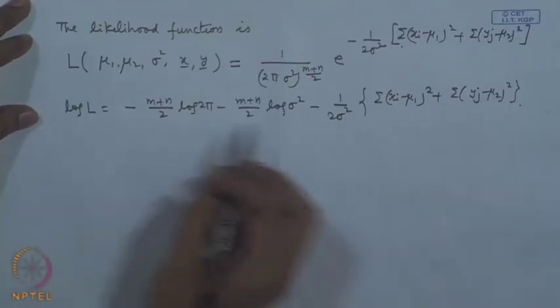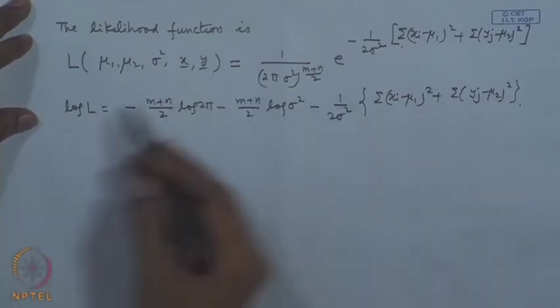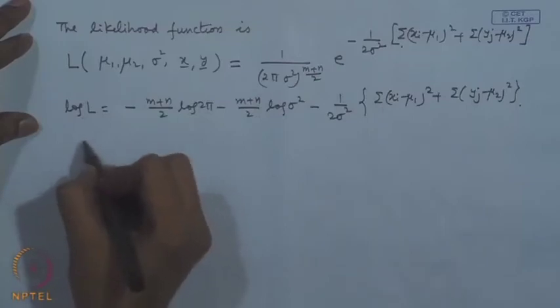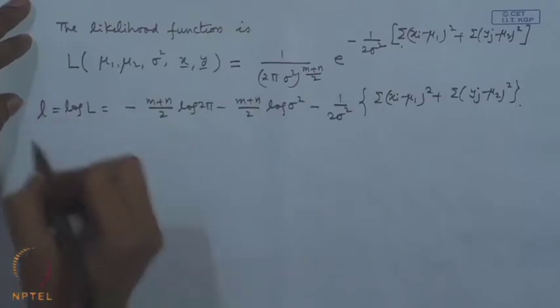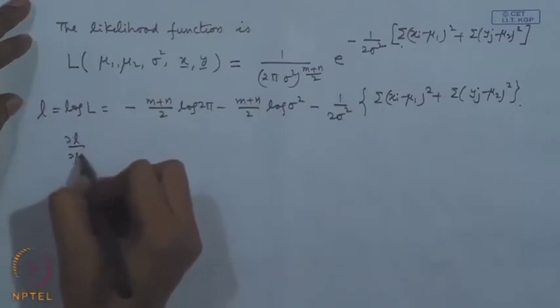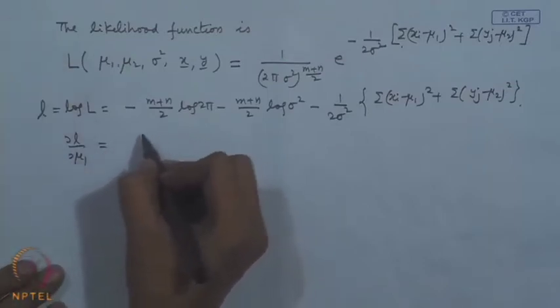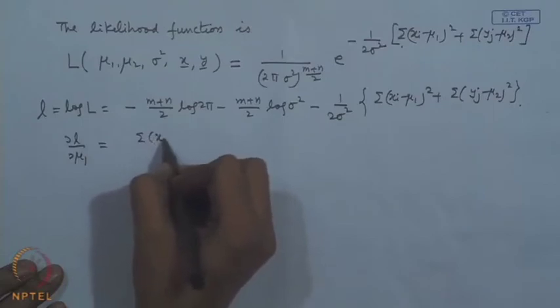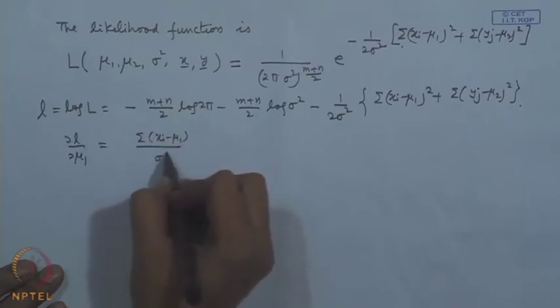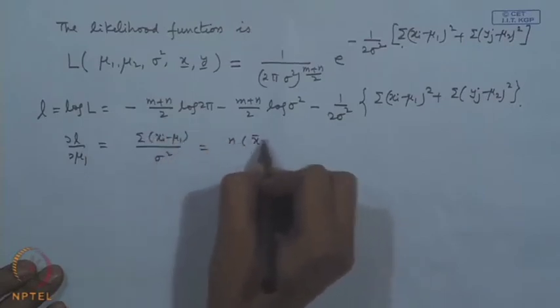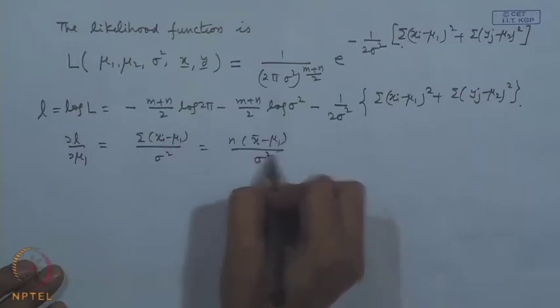If I consider the maximization over the full parameter space, let me write this as small l. So, del l by del mu1 gives the sum of (xi minus mu1) by sigma square, that is n(x bar minus mu1) by sigma square.